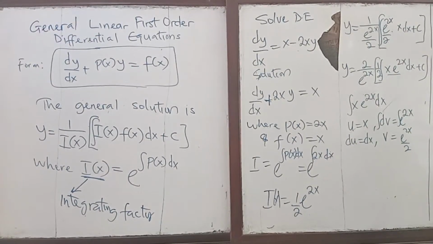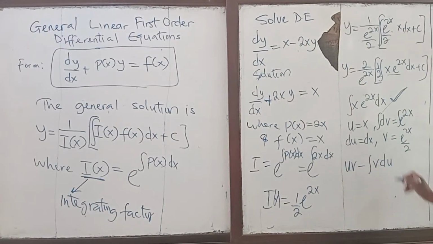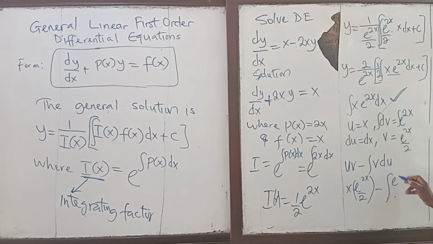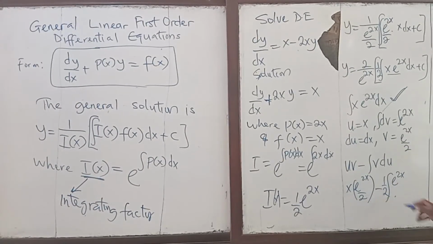This is just integration by parts, and that's another topic on its own. So we're going to have uv minus the integral of v du. u is x, v is this one. That's my uv minus the integral of v du. That's e to the power 2x. I can take these two outside. That's 1 over 2.